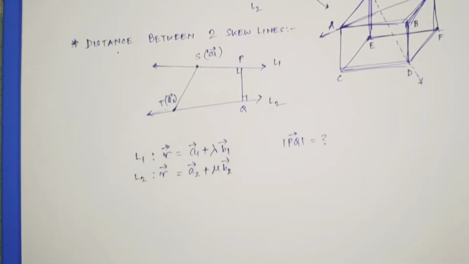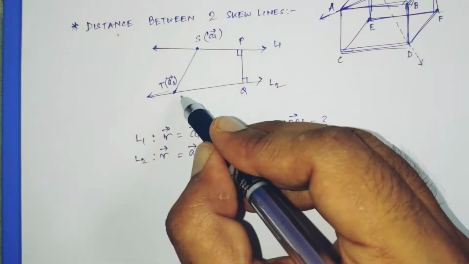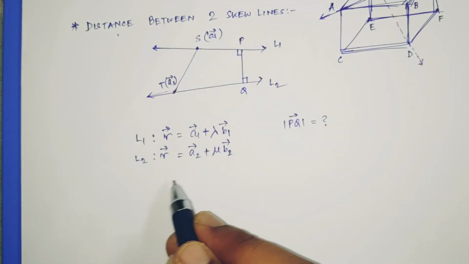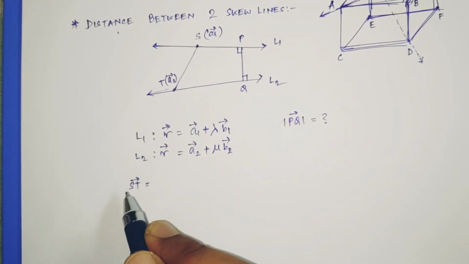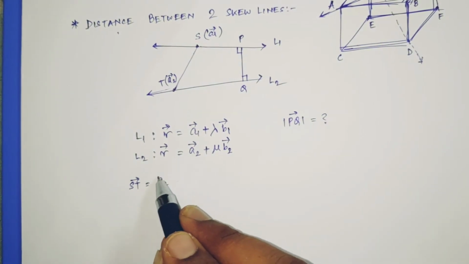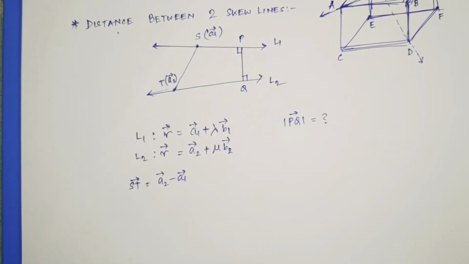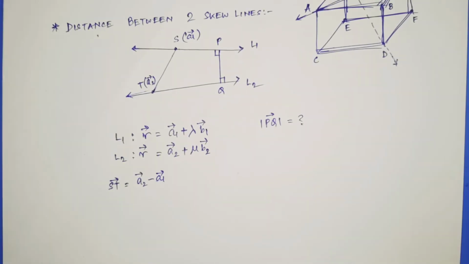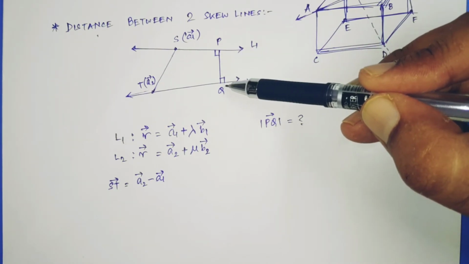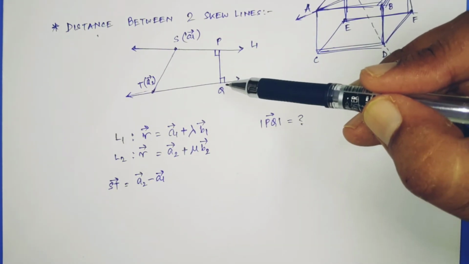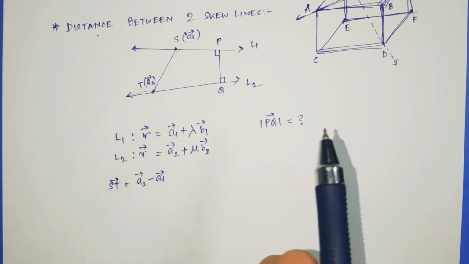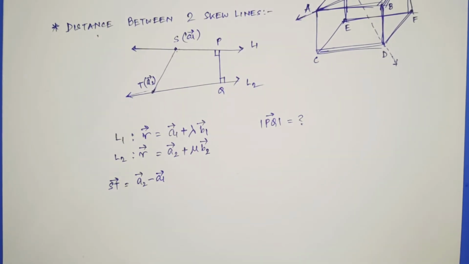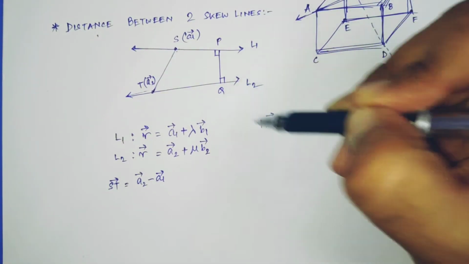Understood? Now can you tell me what is the vector form of ST? ST vector is what? Terminal minus initial. So the terminal vector is A2 vector minus A1 vector. Understood? Now look at this one. This PQ vector is nothing but the projection of this ST on a line which is perpendicular to both line L1 and L2.